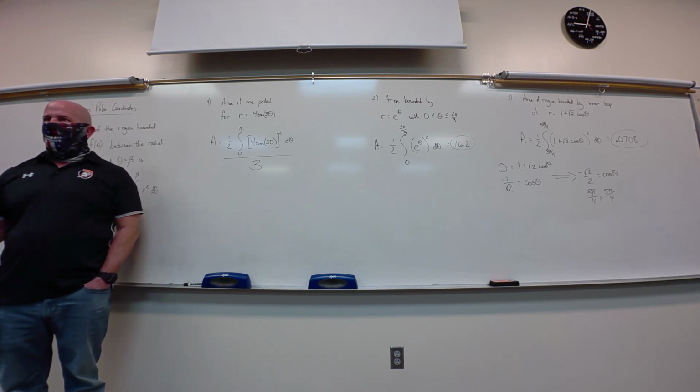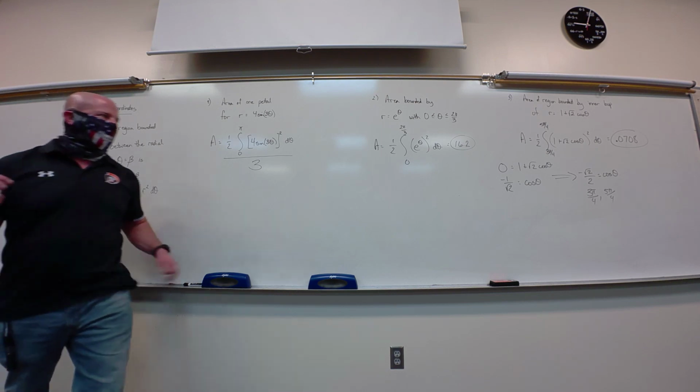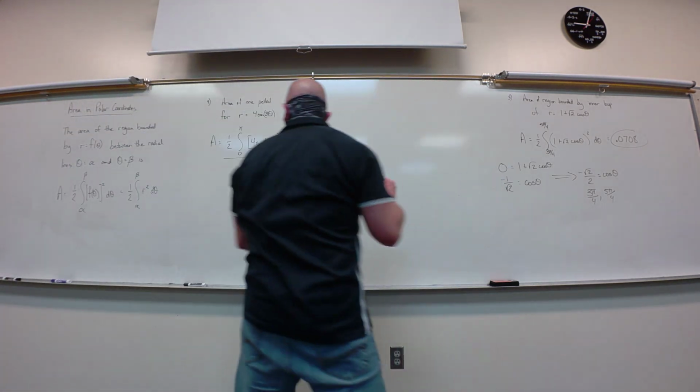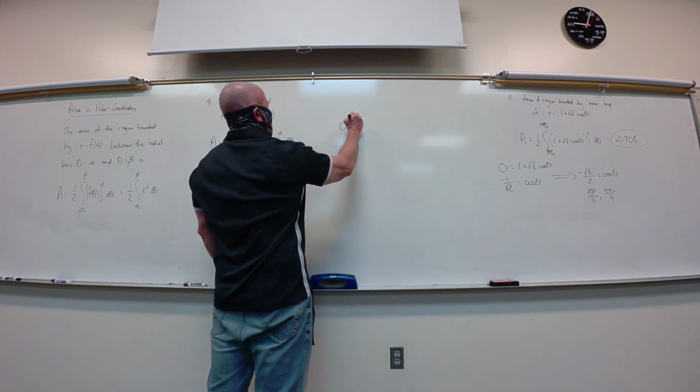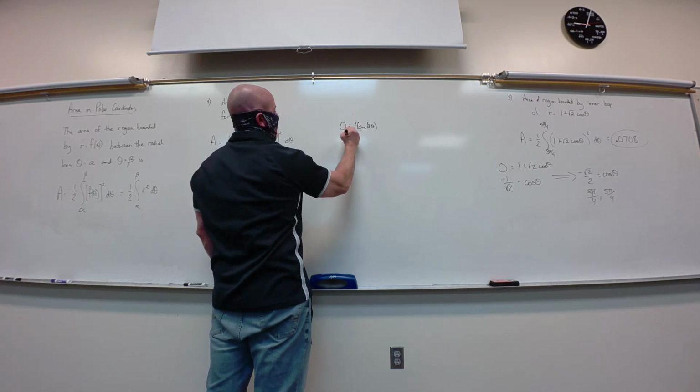The other way of doing it is the R value was 0 where it started and finished the petal. Okay, so let's look at another way. If my R value is 0, 4 sine 3 theta would be 0.